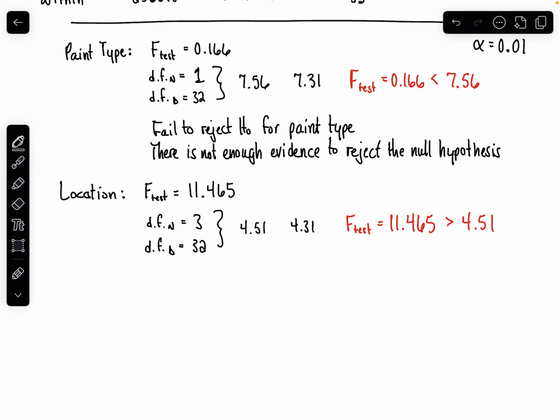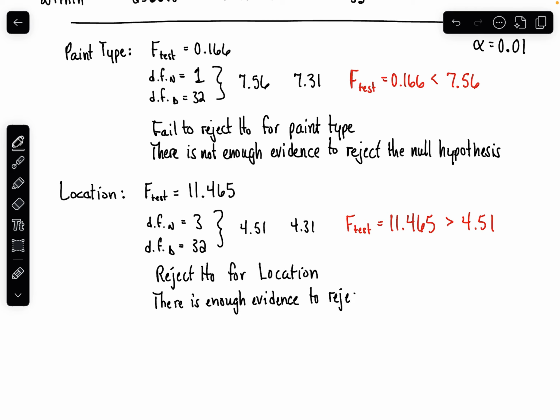So our conclusion here would be that we do reject H sub 0 for location. We would then say that there is enough evidence to reject the claim that location makes no difference.